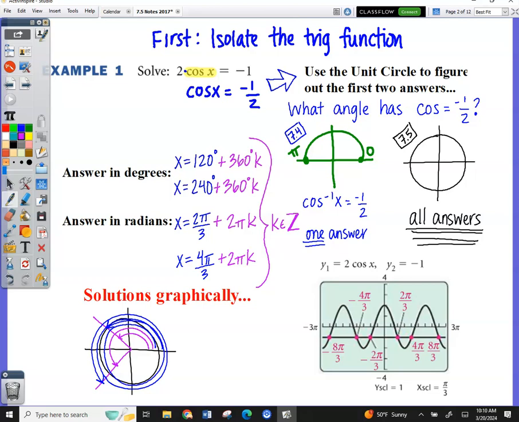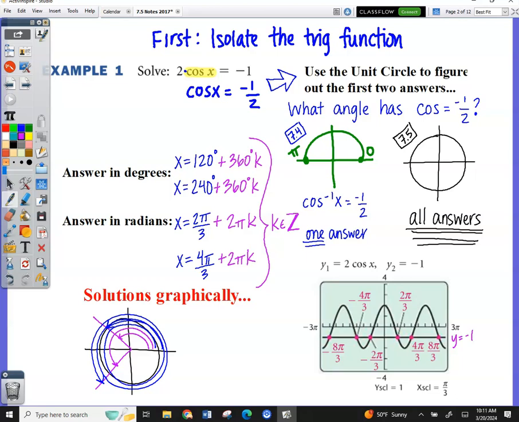Look at this picture over here. This is showing you the graph of it. The left side of the equation got graphed, so basically the amplitude got turned up on a cosine function, and then the right side of the equation is this horizontal line right here, y equals -1, and the solutions are where it's crossing, and now you can see why there's so many answers.